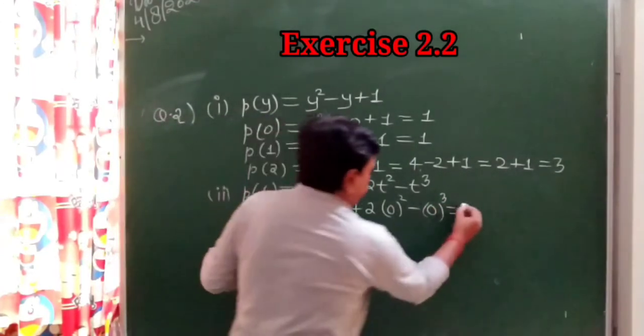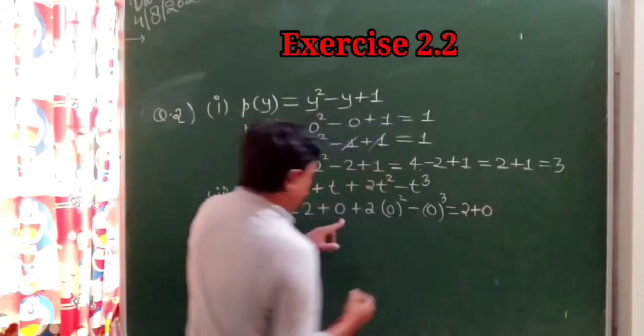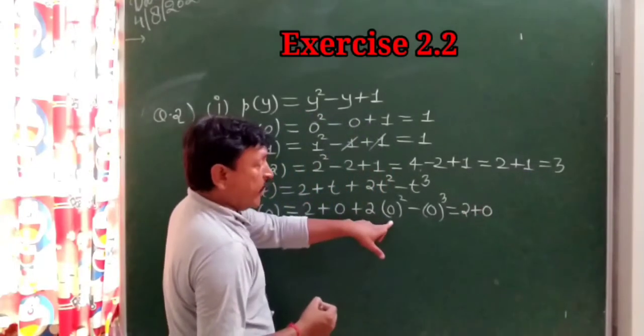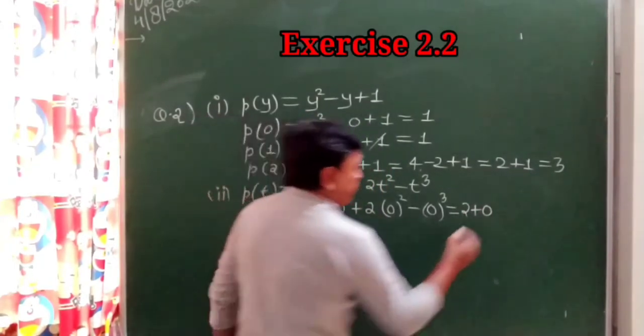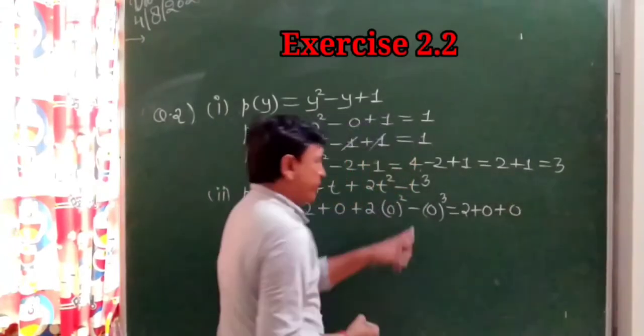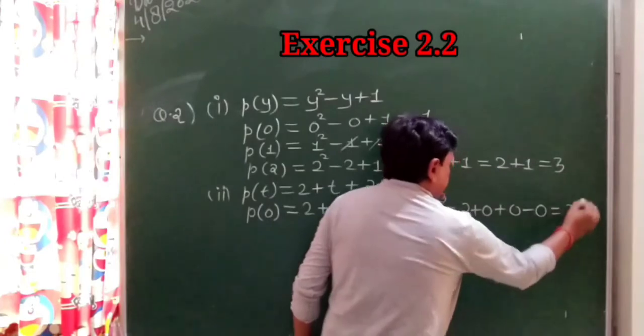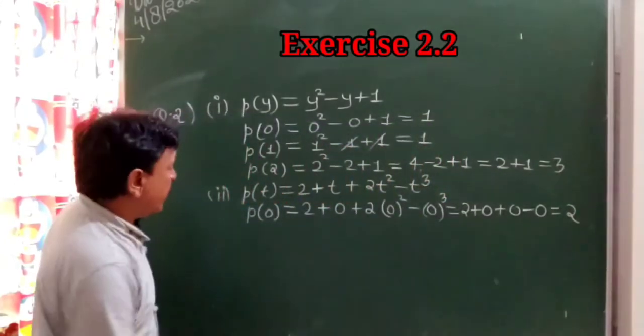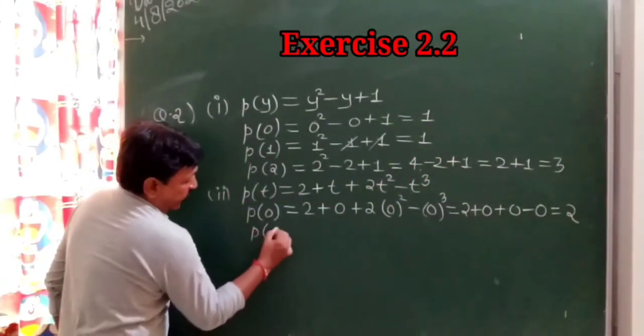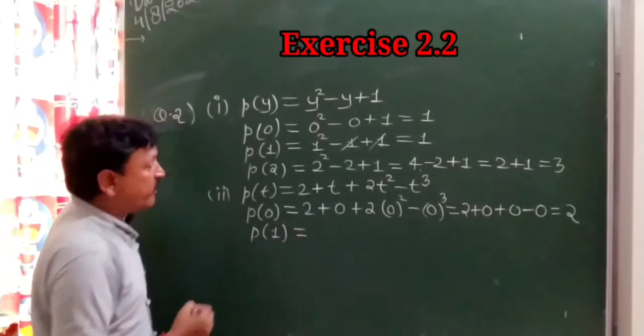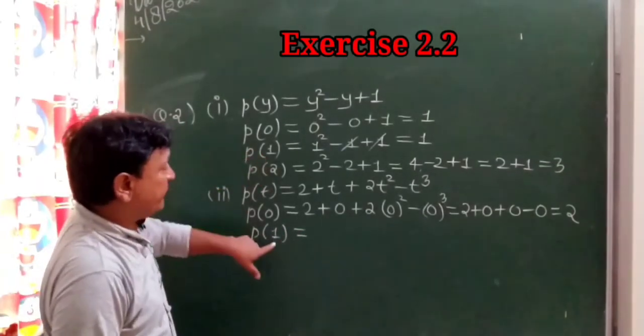So 2 plus 0 plus, 0 square means 0, and 2 into 0 will become 0, minus 0 cube. 0 cube also means 0. So what is left? 2. Okay, now see P1. P1 means in place of t what will come? 1.